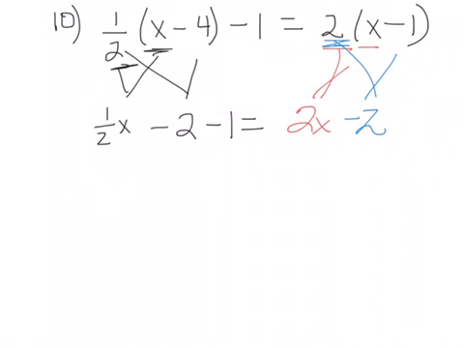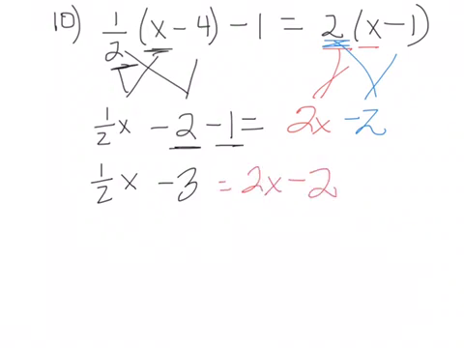So we've cleared the parentheses. Now on the left, can I combine any like terms? We can combine a negative 2 and a minus 1. This gives us 1/2 x. Negative 2 minus 1 is a minus 3. And this is equal to 2x minus 2. Now I'm not worrying about this 1/2, this fraction over here at this point.